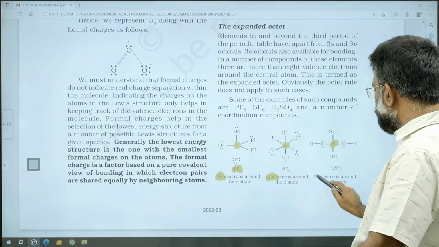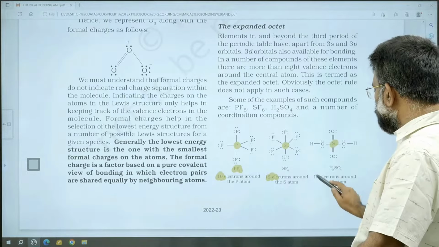The energy needed for this is called lattice enthalpy. For sodium chloride, the value is 788 kilojoules per mole.